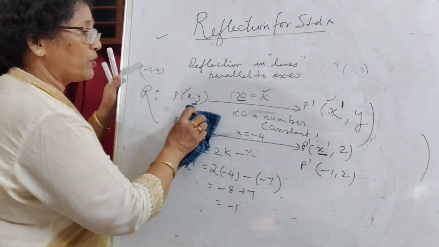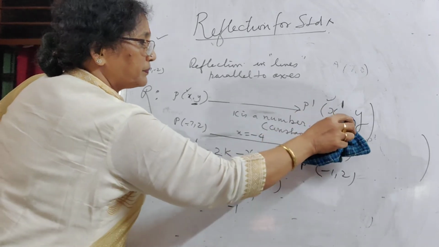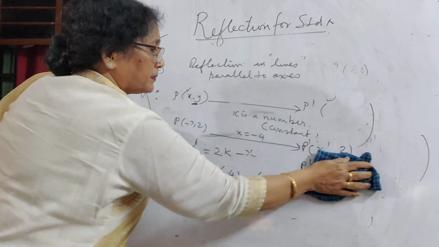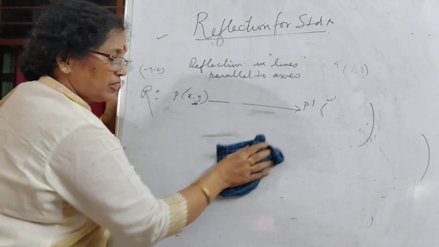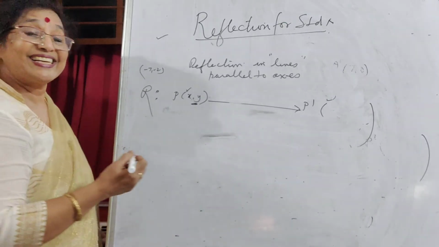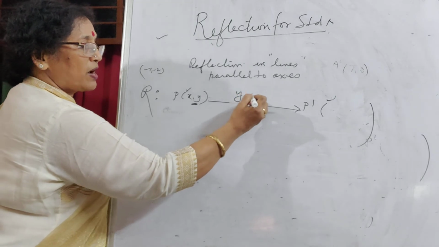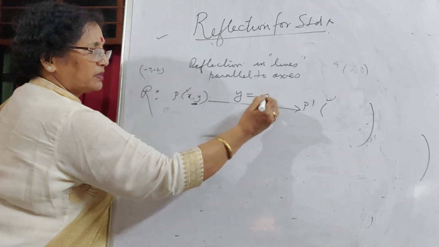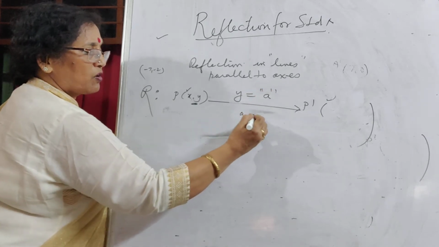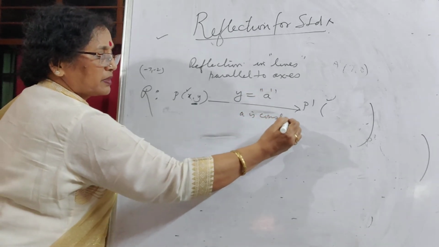Now reflection of a point in lines parallel to the x-axis. Same thing. So we have done the formula. So now the lines are parallel to the x-axis. So suppose y equals a. Not the same number, I'm just putting. Okay, let us put a. So a is a constant, a number.